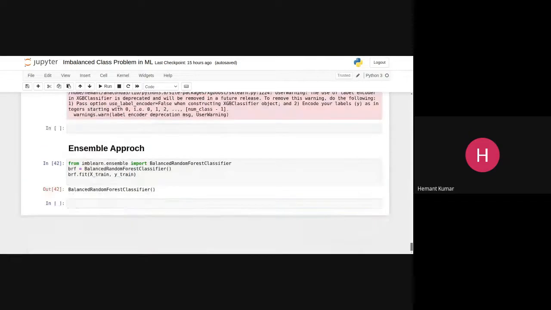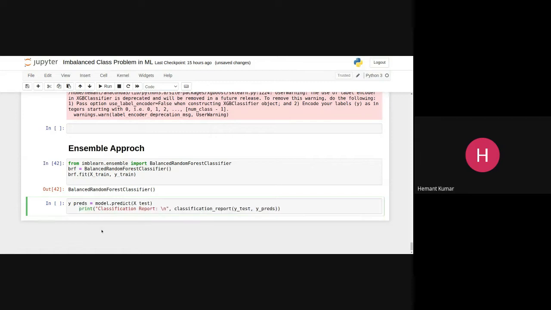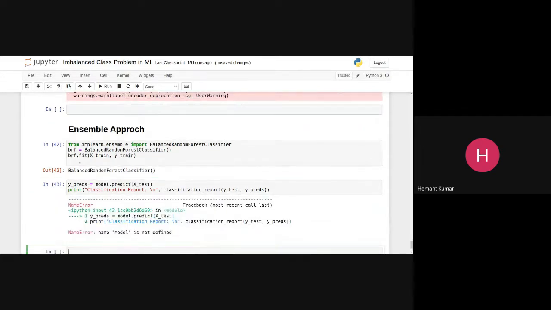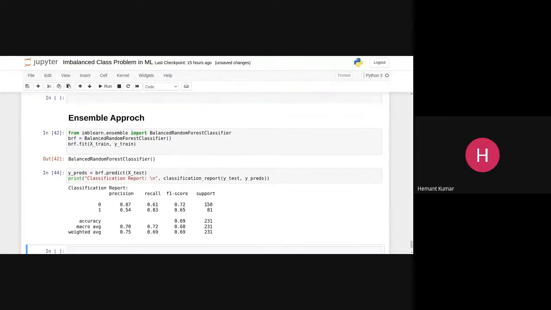And now we have to do the prediction on X test. The model is not present here, so here we are using BRF, the balanced random forest classifier.